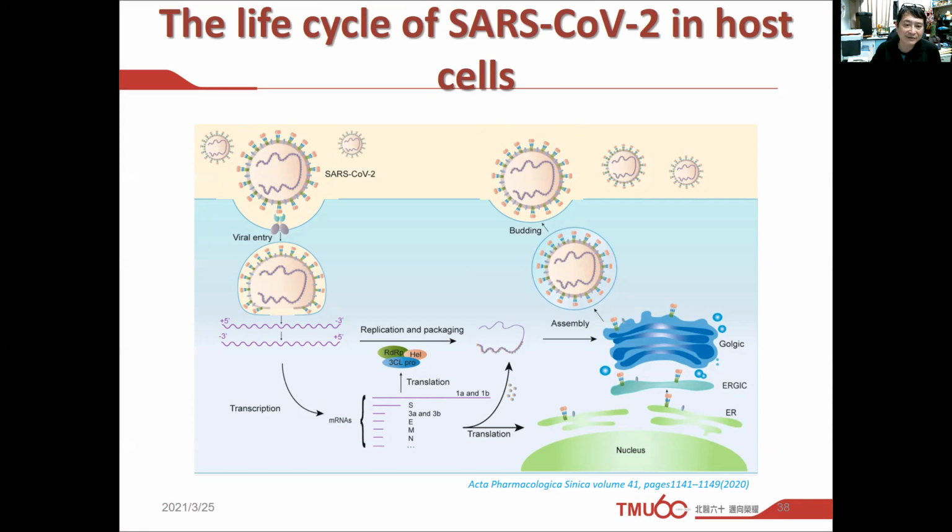That's their life cycle. In other words, those viruses do not carry anything except the genome RNA, so they need to hijack all the enzymes and energy resources in the host cells to do translation, transcription, and assembly.